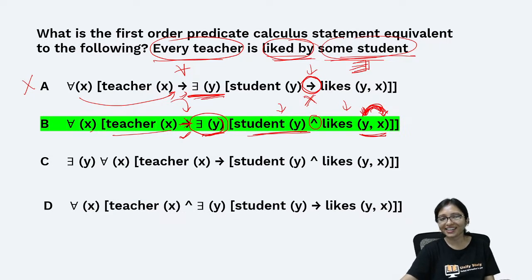Got it? Those who are telling A are wrong, and that's why it is wrong. With the for all, there are two parts of the sentence.